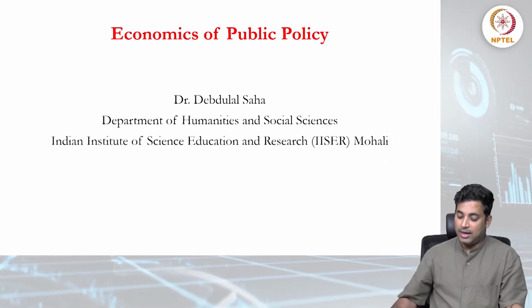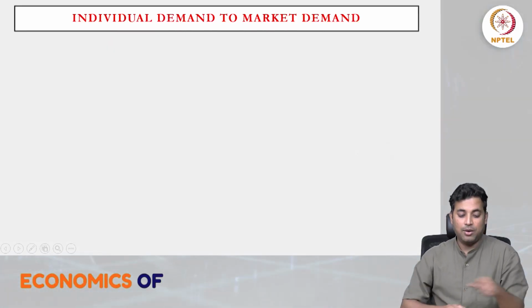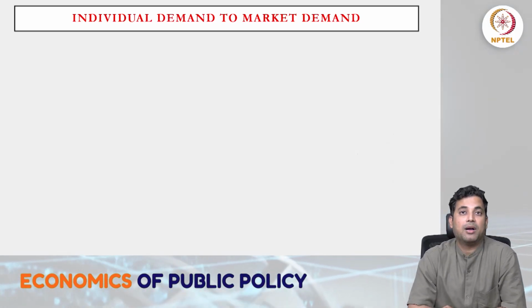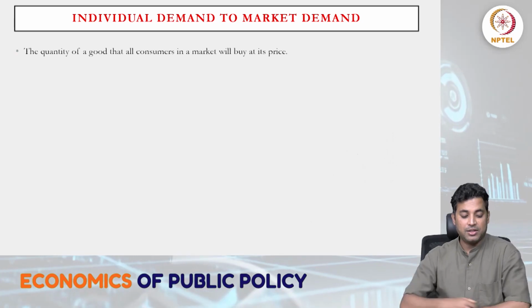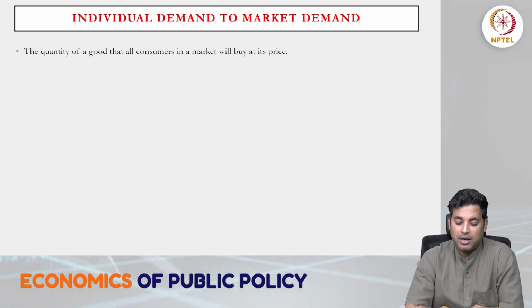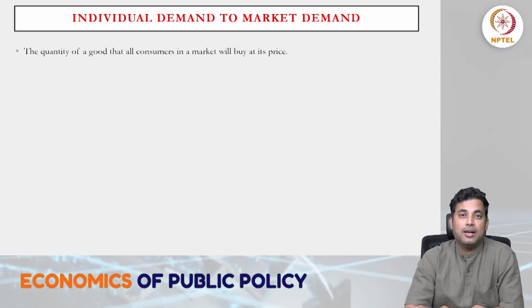So now today let us see how we can derive market demand from individual demand. By definition, it is the quantity of a good that all consumers in a market will buy at its price.